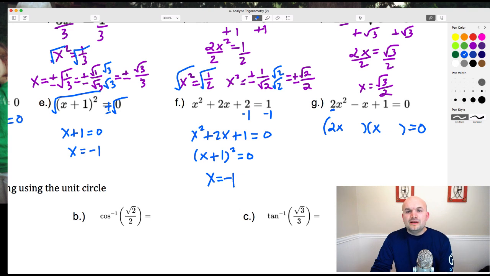We know that the first two factors, the 2x times the x, is going to give us 2x squared. We want to figure out what two numbers are going to multiply to give me 1. But remember, when I use the distributive property here, I'm going to be multiplying by 2 here. So I want two numbers that give me 1. Well, that has to be positive 1 and positive 1, or negative 1 and negative 1, right? That's the only way that's going to work.